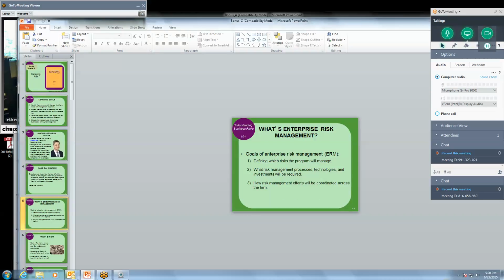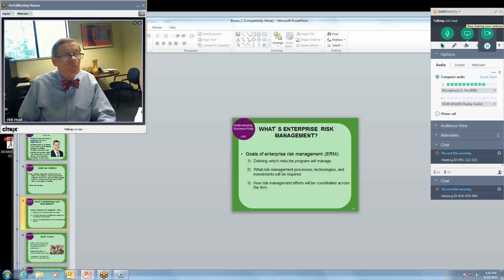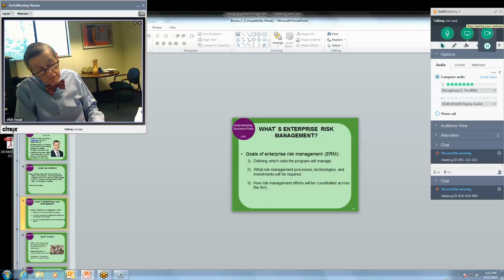The question that's posed here is, what's enterprise risk management? Now, you may not think much about this. Enterprise, you can think of a firm, you can think of a small proprietorship, sole proprietorship, you can think of partnership, etc. So this is dealing with the risks the program will manage.